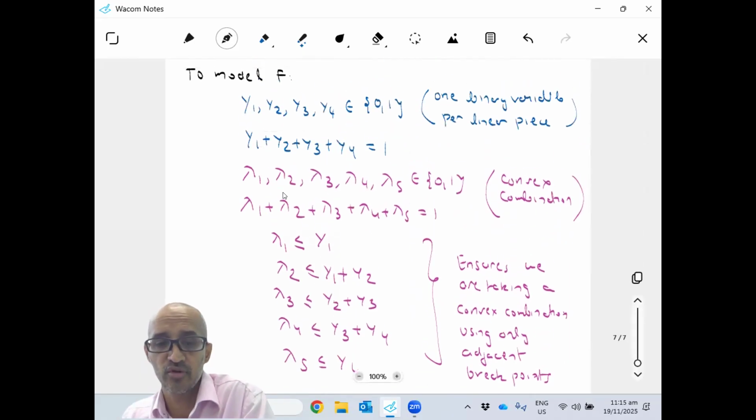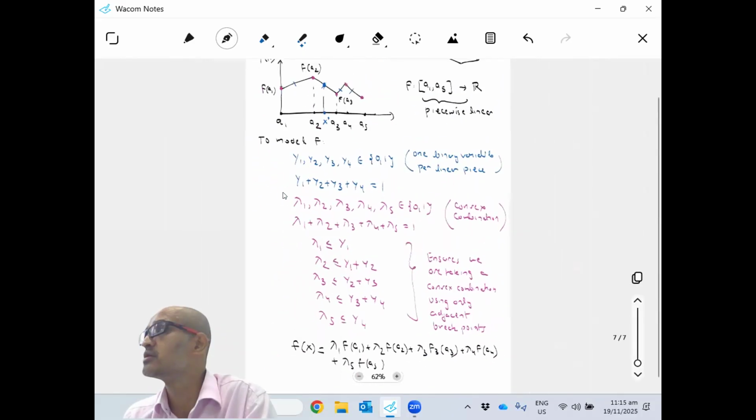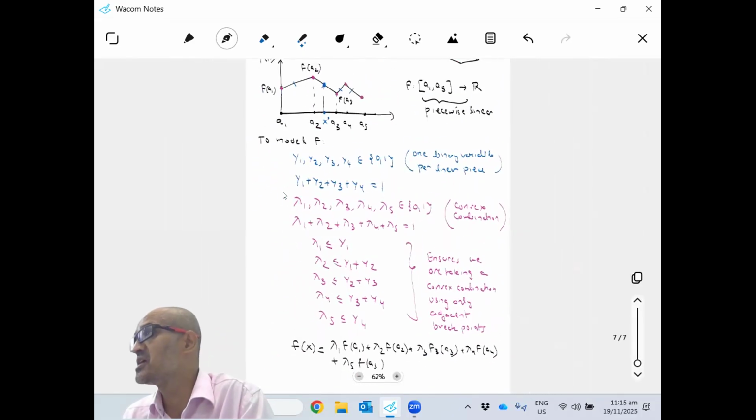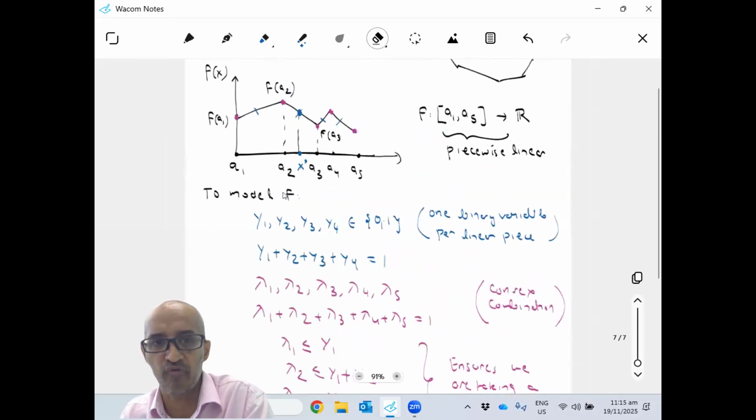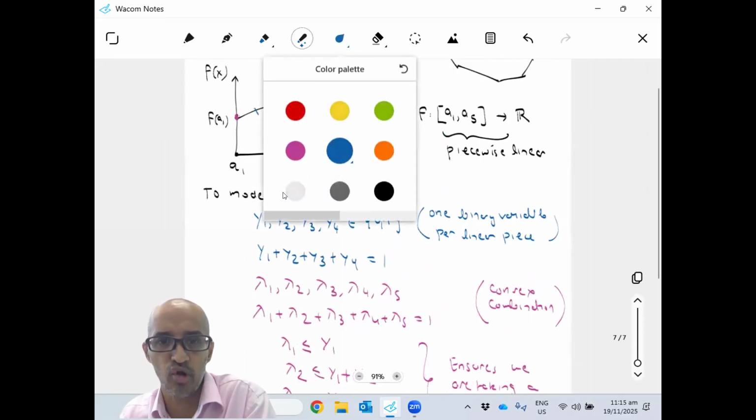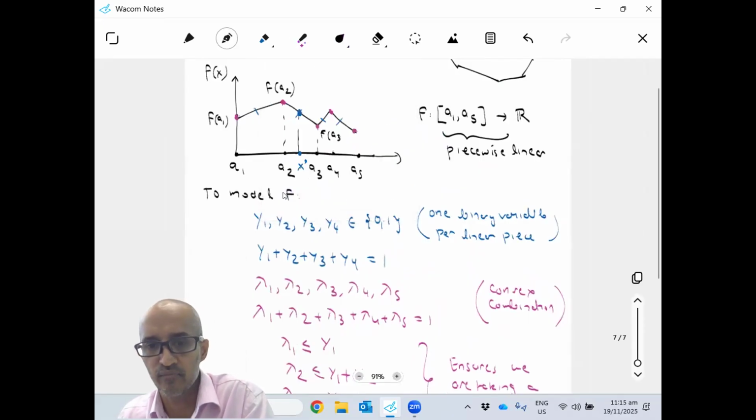What is the beauty of this formulation? Everything here is binary. Sorry, this should not be 0 1. These are convex combinations, and convex combinations will not be binary.